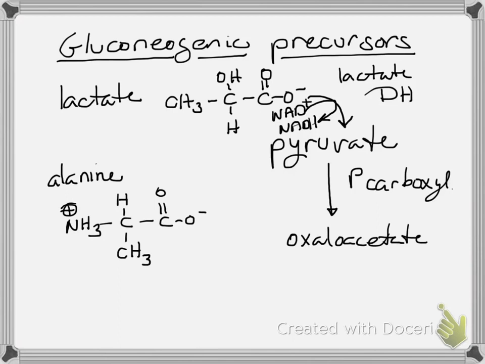But with alanine, we have to take one step and process this nitrogen. Processing this nitrogen is going to be done by what's called a transamination reaction.